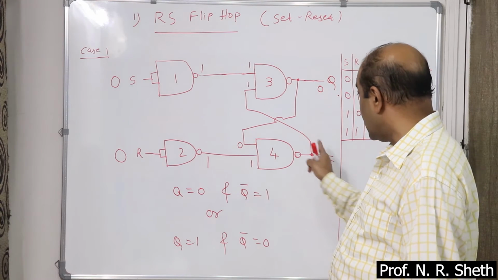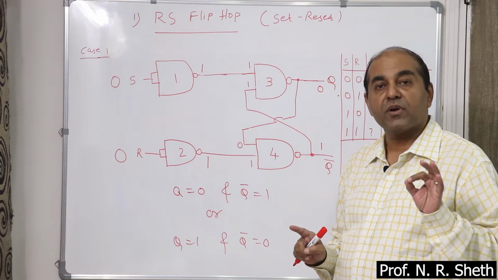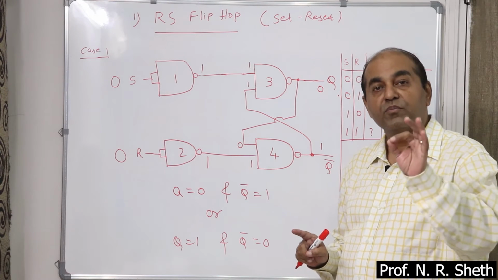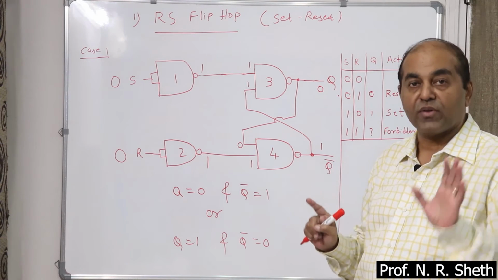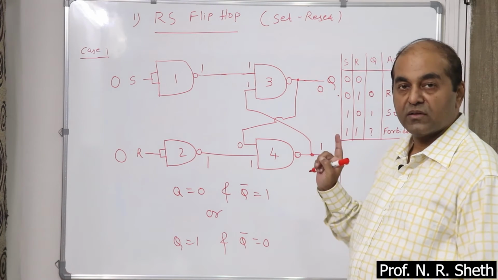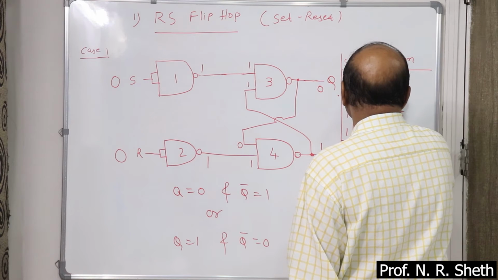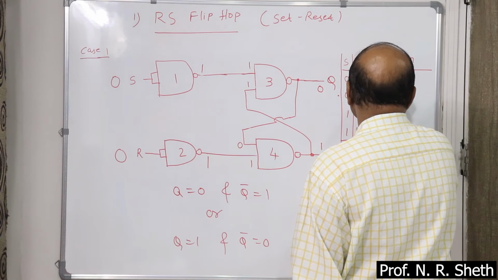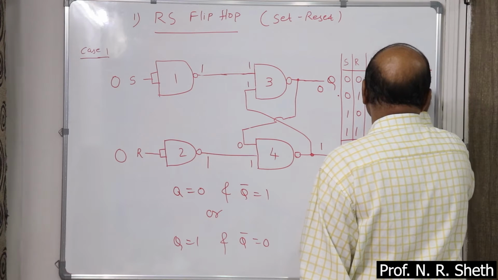With 0, 1, output is 1. So the flip-flop remains in the previous state. We assumed 0, 1, so in the next state it also remains 0, 1. So here the entry is no change. NC means no change, or last state.